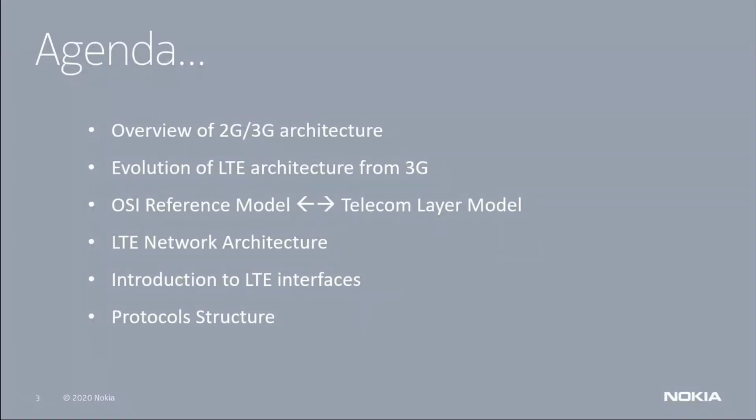The agenda for today is an overview of 2G and 3G architecture, and the evolution of LTE architecture from 3G. I would say both 3G and 2G, in the context that it'll be helpful for us to understand how both core network and radio network have evolved.